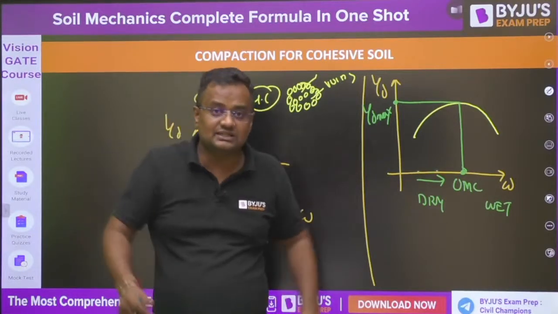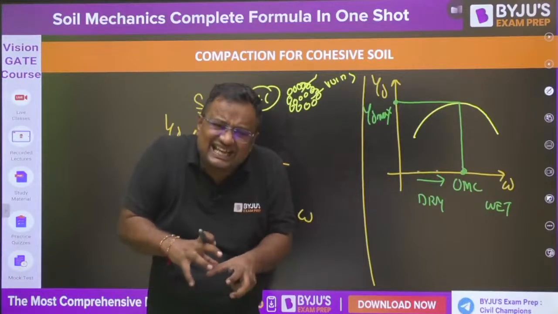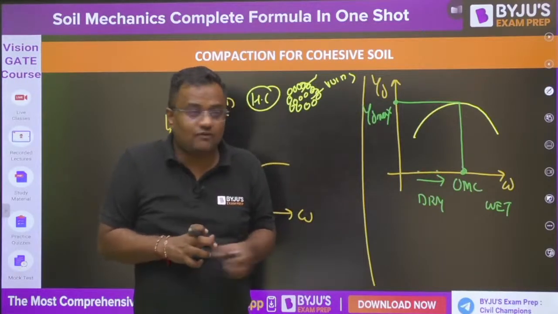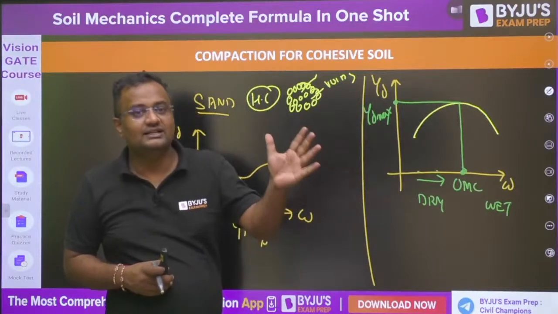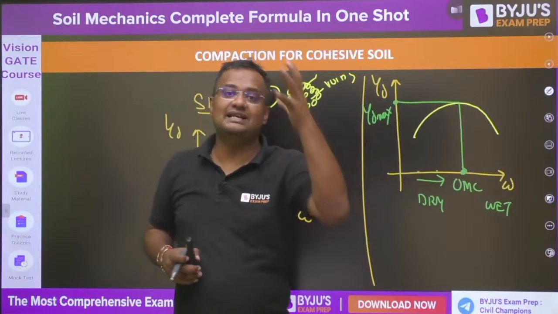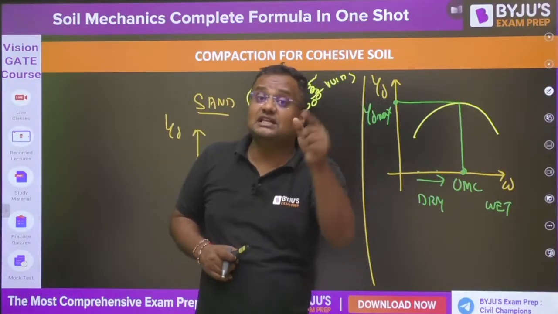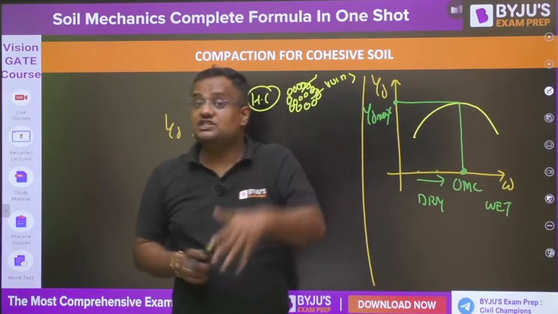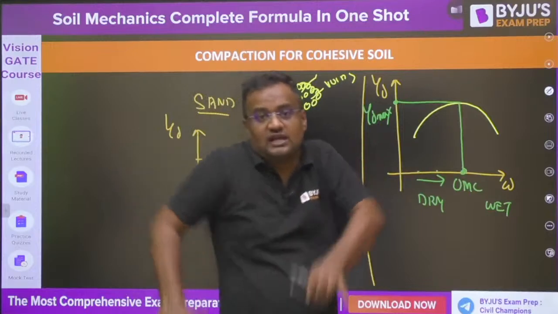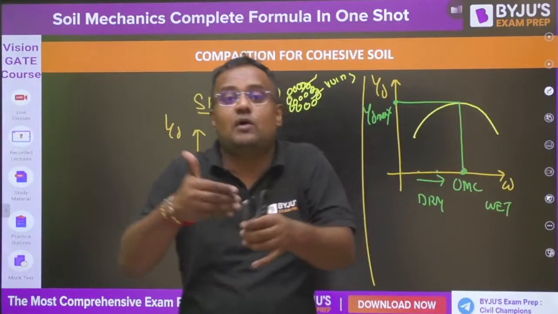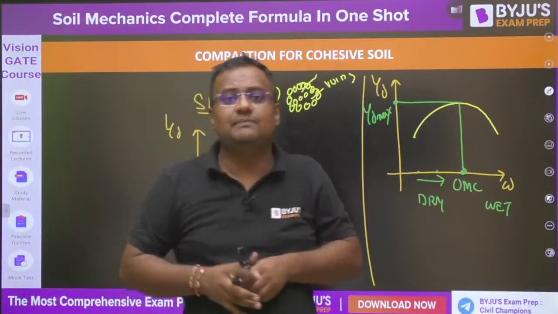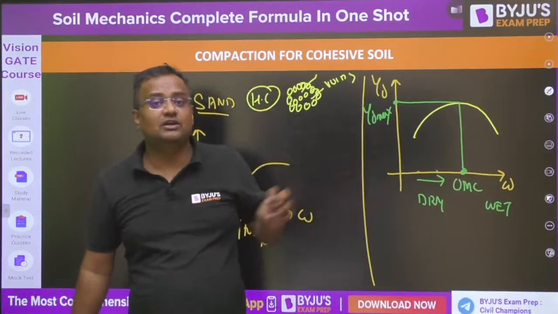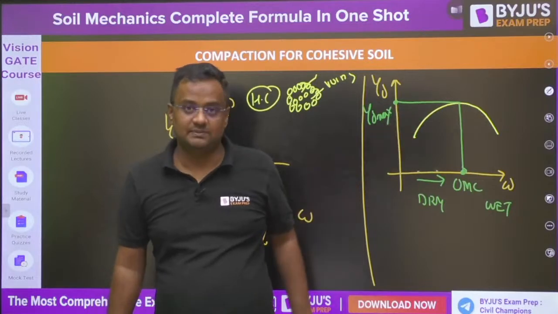Friction decreasing means if we apply the load, it can be compacted easily, since particles will not resist through friction. When it is compacted easily, the volume is less, so gamma will be maximum.